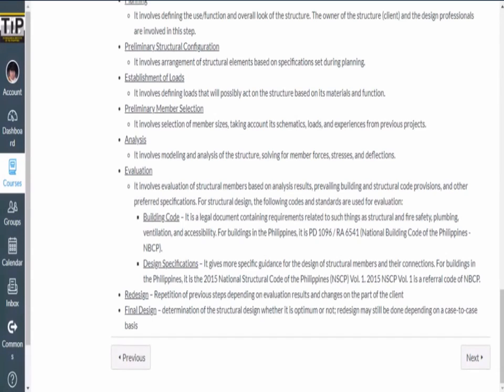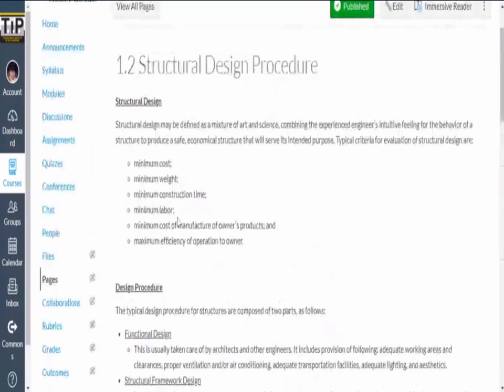You will also consider other factors like cost, construction methodology, and all. So code requirements are the main criteria, but it's not the only criteria that we need to consider.